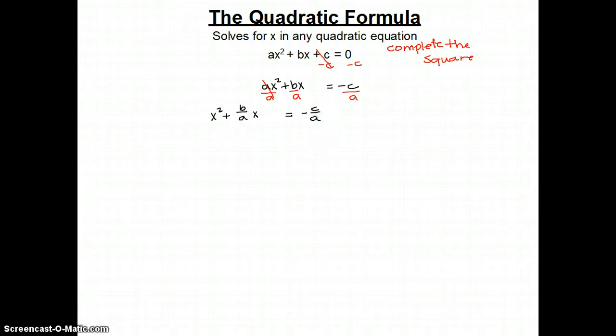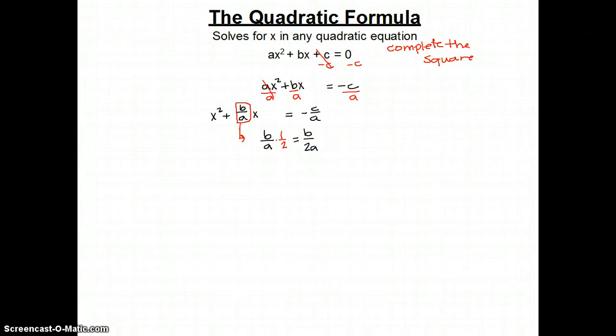Step 3 is to now fill in that blank with the appropriate term so that we can factor this completely. So how I do that is I take my middle coefficient, that's my b over a. I'm going to divide that in half, or you can write it as b over a, and instead of dividing by 2, I'm going to multiply by 1/2, which gives me b over 2a.